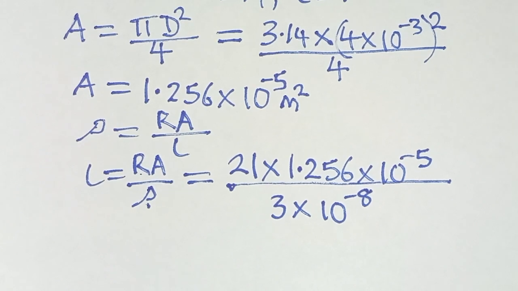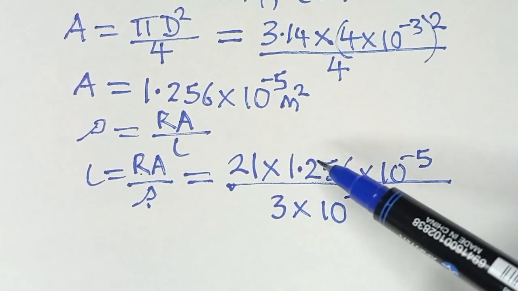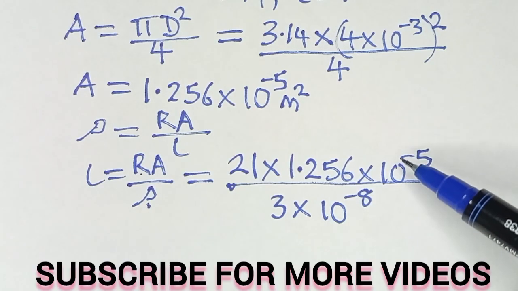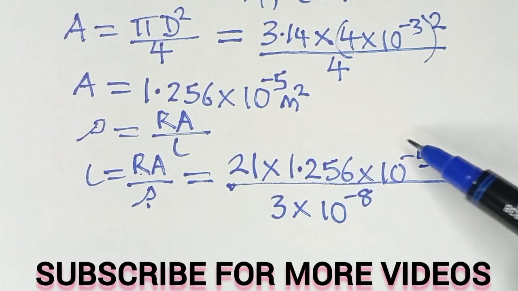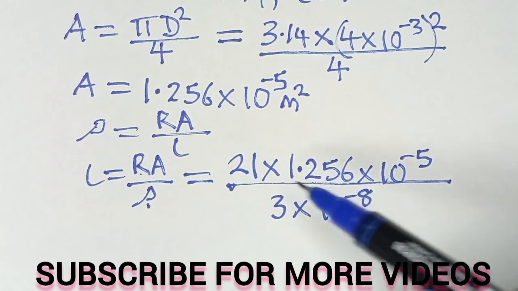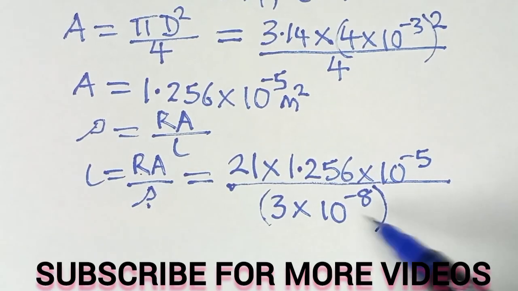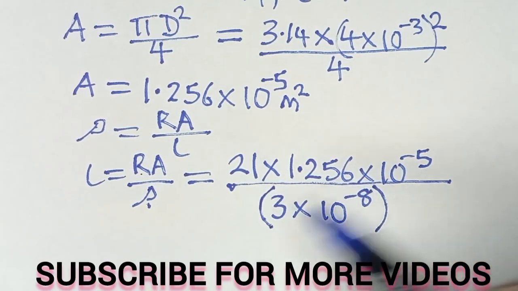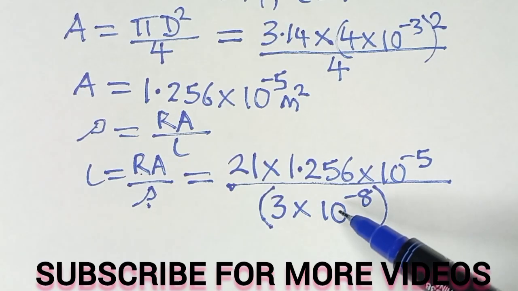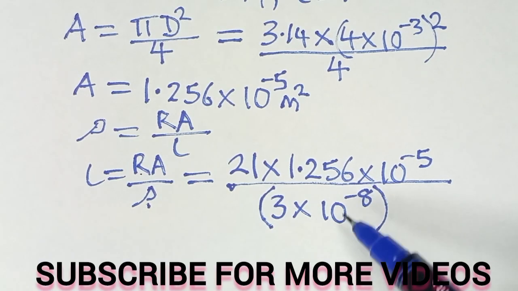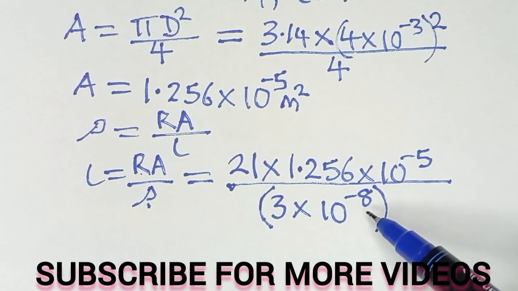Please don't forget, when you are putting these values in your calculator, after this one, you can multiply by 21. And then finally, when you are dividing by this value, I would advise you to put it in brackets. It makes it easier for you to get the correct answer so that the calculator will not give you the wrong answer. So put this denominator part in brackets when you are dividing.